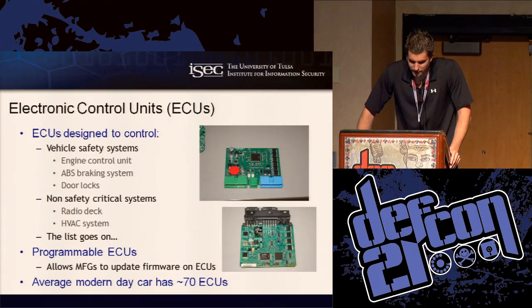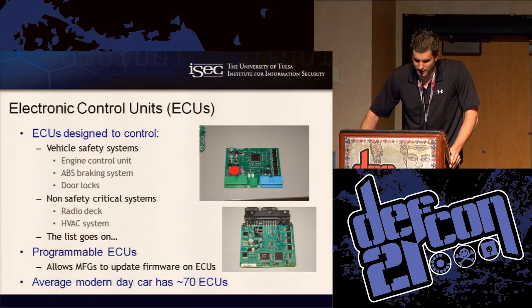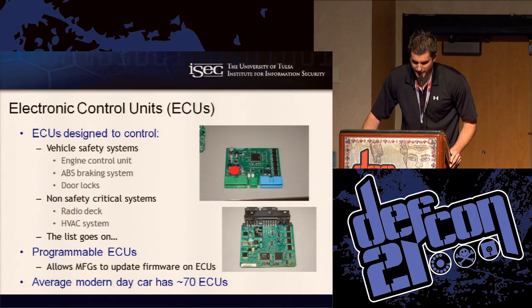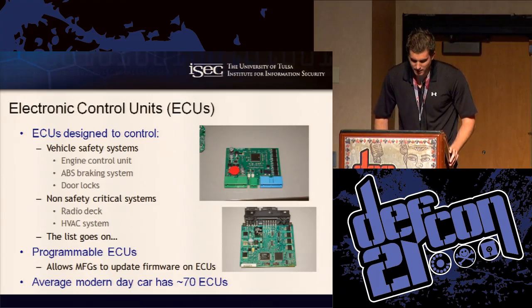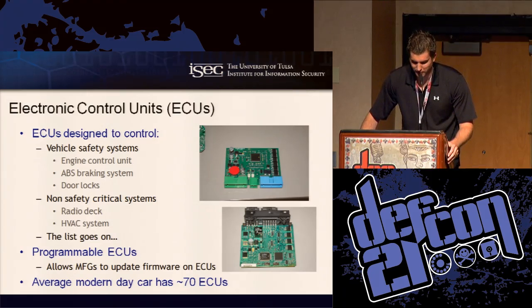And these devices are, for the most part, programmable, which is nice from the automotive manufacturer's point of view, because if there's a flaw or vulnerability discovered within one of these devices, they can just push out new firmware updates or patches, as opposed to physically removing these devices. The average modern day luxury vehicle has somewhere on the order of 70 or so ECUs.